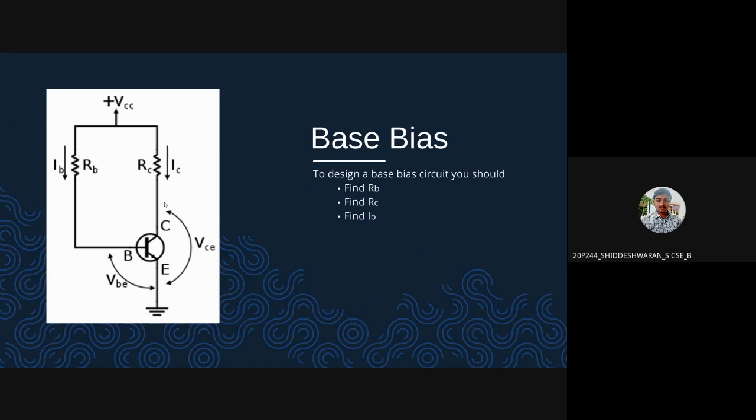After that, the final step is to find RB and RC by calculating using the above equations I have shown in the types of biasings. If we calculate the values of RB and RC, we can bias the circuit as per our requirements.